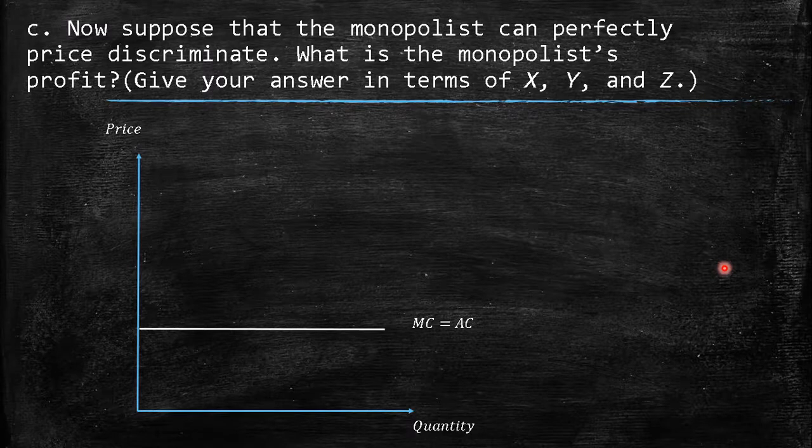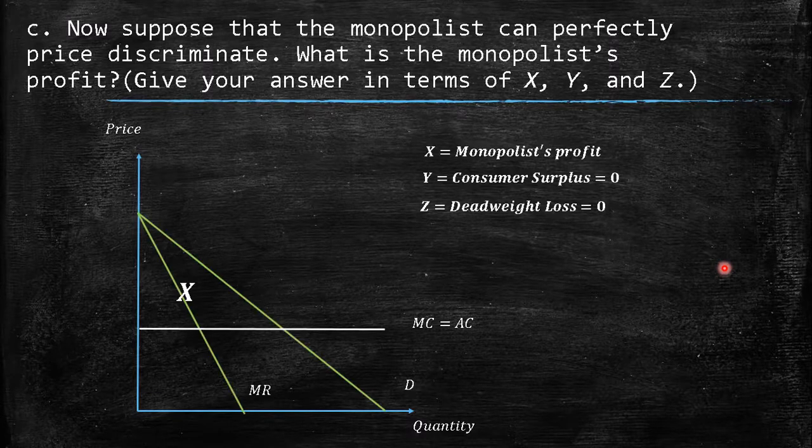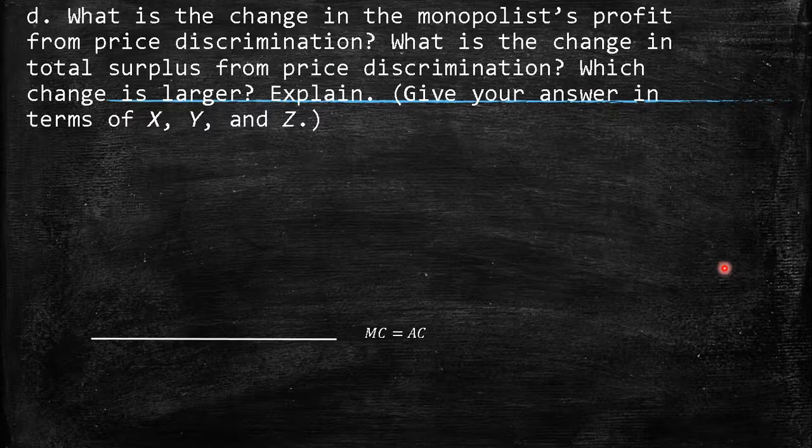So you will take all the consumer surplus, and you will take out the deadweight loss too. Then X should be the monopolist's profit, and at that time the consumer surplus should be 0 and the deadweight loss should be 0.